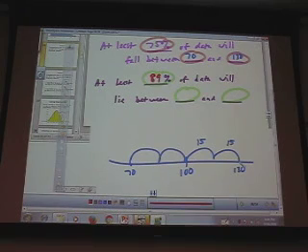If we go 3 standard deviations, we get to 145, and we get back to 55.